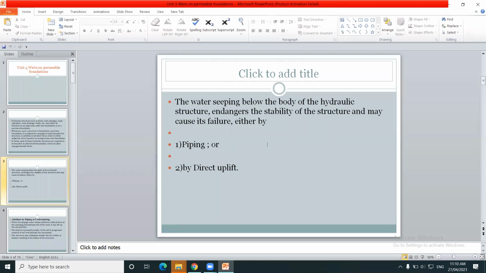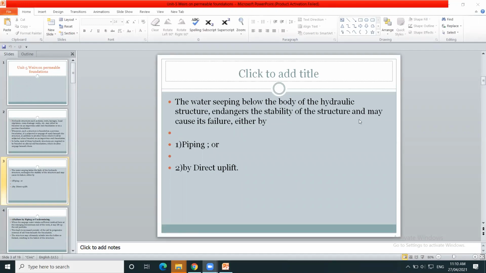The water which is seeping below the body of the hydraulic structure, or through the gravity dam, the water which seeps through the body of the dam, may endanger the stability of the structure.